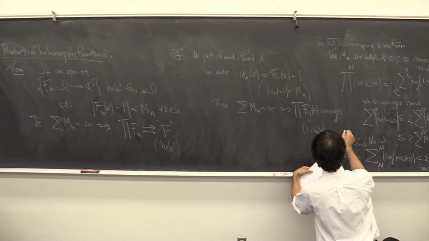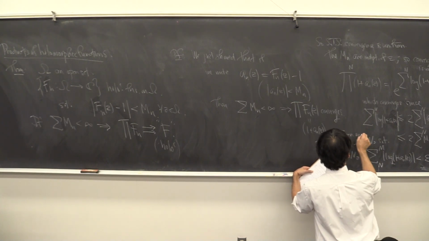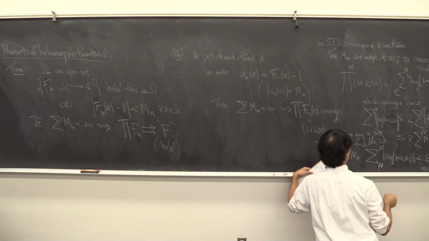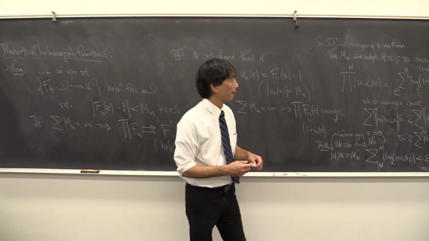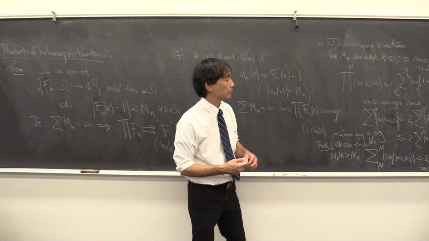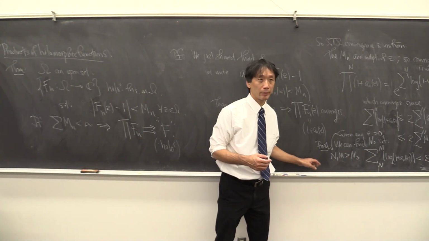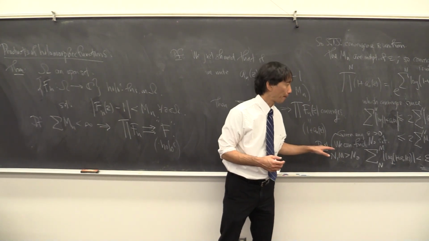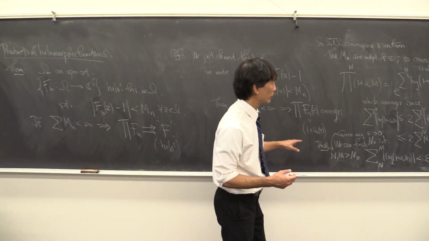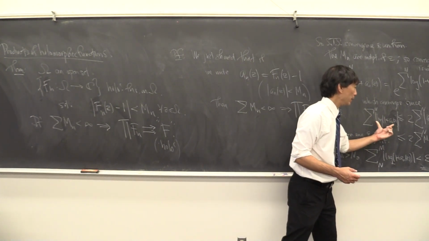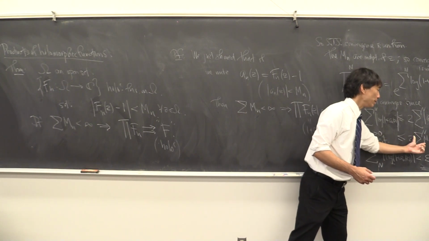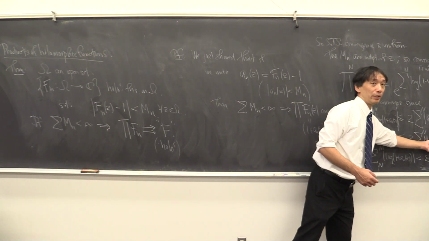Given any epsilon, does that make sense? This thing is controlled by this, which is finite.